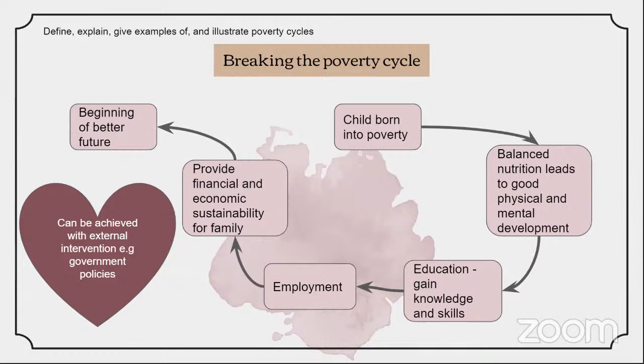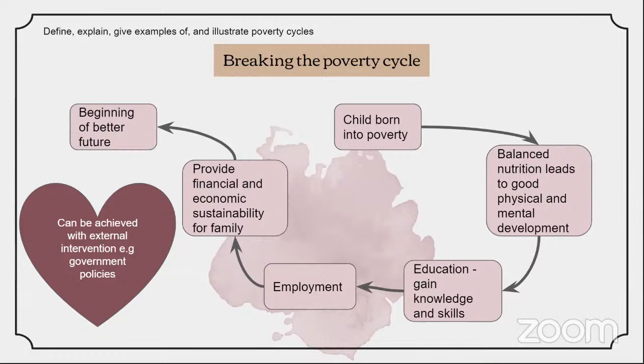But this is difficult to achieve by themselves. As we saw in the poverty cycle, sometimes the family is not more poor, but the conditions in the country are just not good for them, making it difficult for people to get out of the poverty cycle.